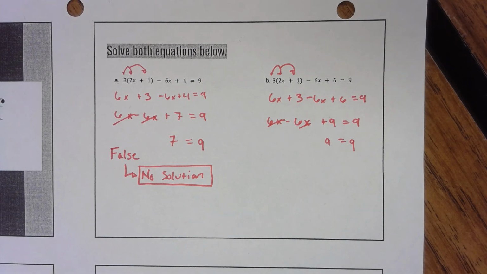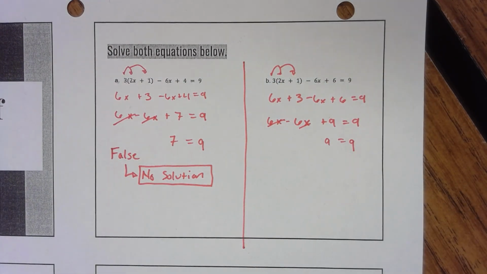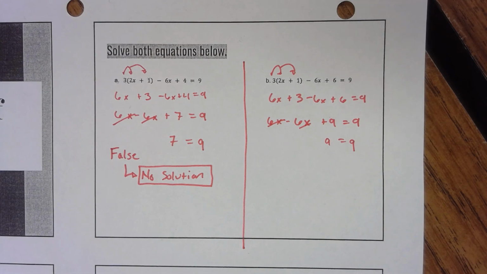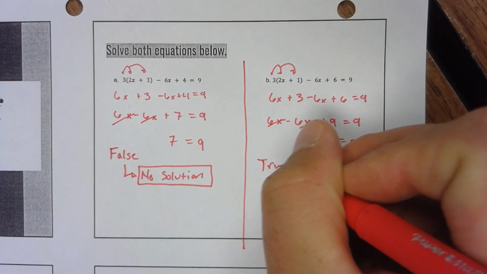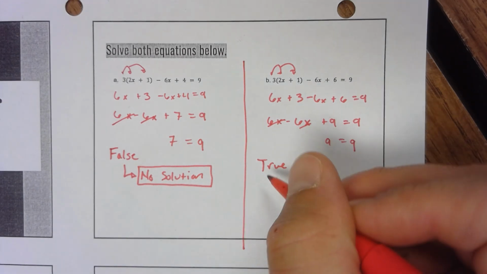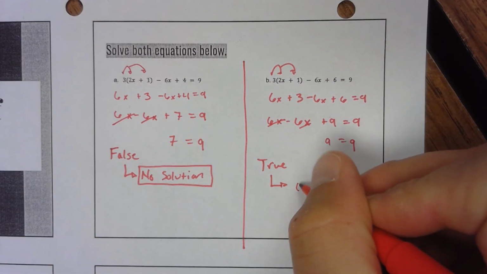So then the contrast to that, or the opposite, is here in part B, where if I distribute, and once again those x's eliminate, now I'm left with 9 equals 9. That's a true statement. And if we eliminate the variables and are left with a true statement, it's going to be the opposite conclusion. Instead of no solution, now there's infinite solutions.